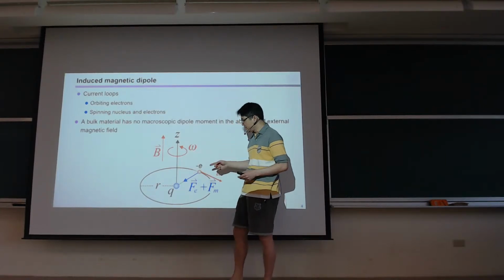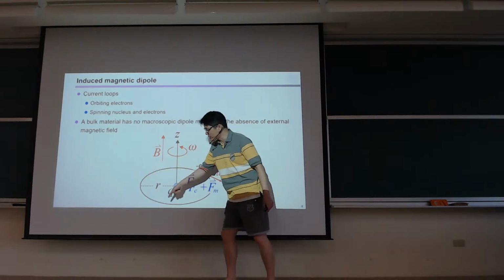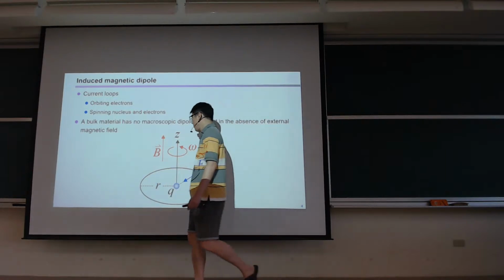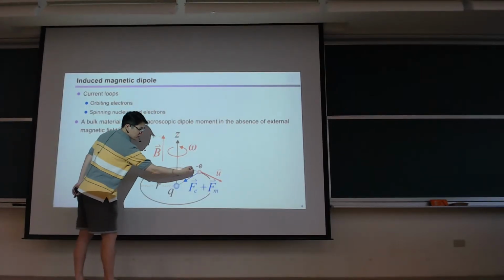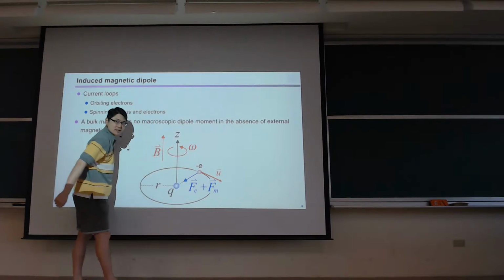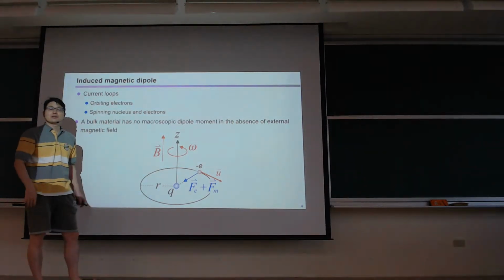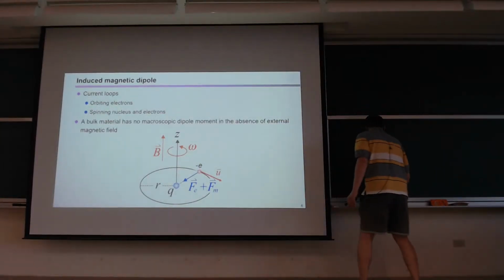So in this case, with the presence of an external magnetic field, the electrons start to orbit, so it is equivalent to a positive charge orbiting in a counterclockwise direction, and therefore, again, we use the right-hand rule. The positive charge is orbiting this way, so it's producing an induced magnetic dipole pointing upwards. So the definition of magnetic dipole is still the same.